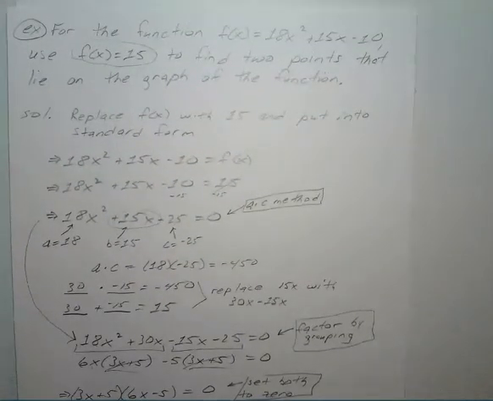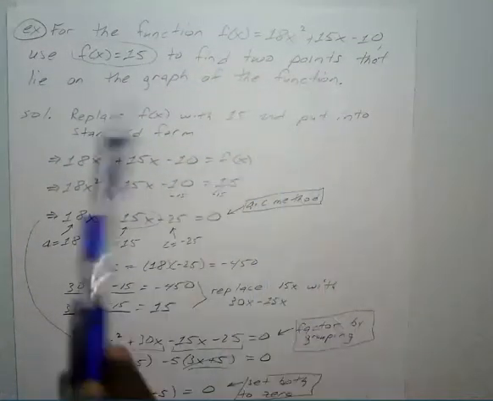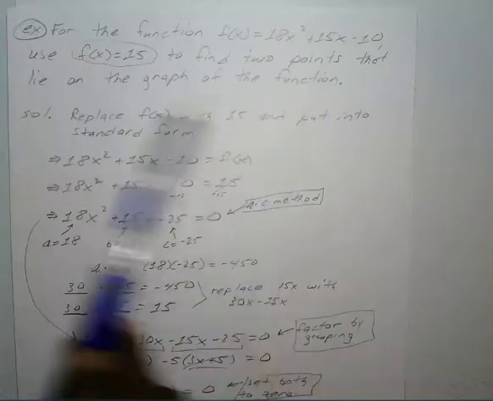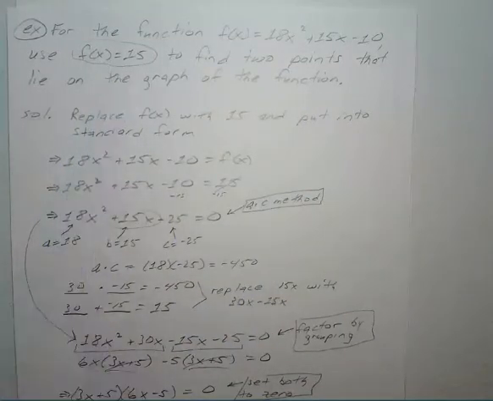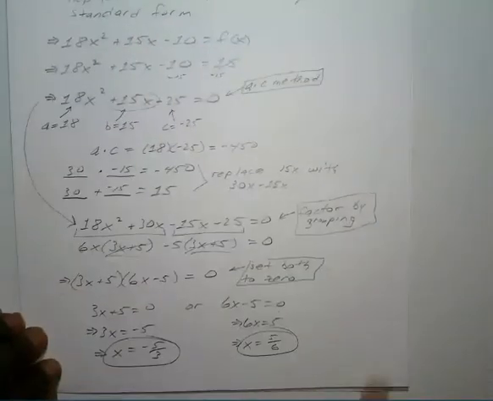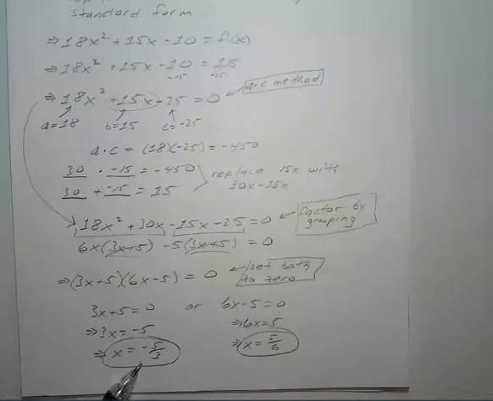We have to find 2 points that lie on the graph, given that f of x is equal to 15. So we plug in x equals negative 5 over 3, we'll get our y value, and that'll be 1 point. If we plug in x equals 5 over 6, we'll get another y value, and that'll be our second point.